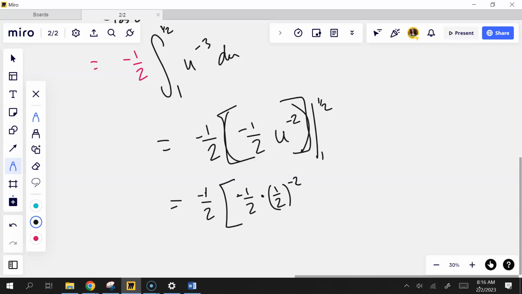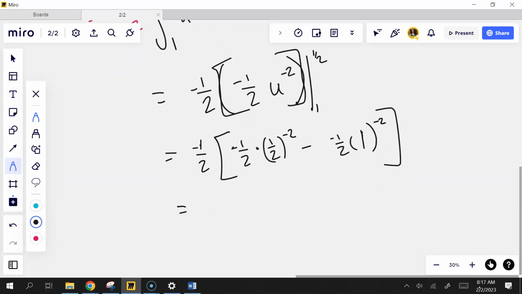1/2 to the negative 2 minus. No. Just plugging those bounds in because I've already adjusted them. Now we hope we don't make a careless computational mistake. Let's see, this would be negative 1/2 times, flip it and square it, 4, minus a negative would be plus 1/2.